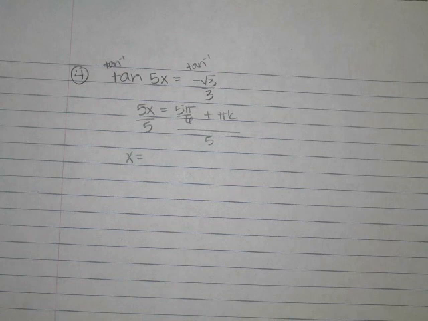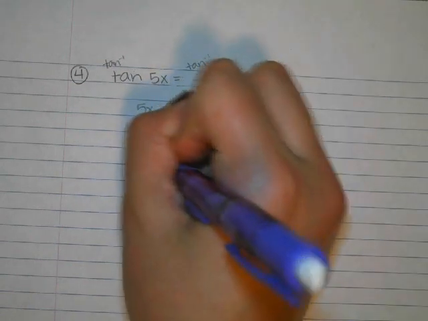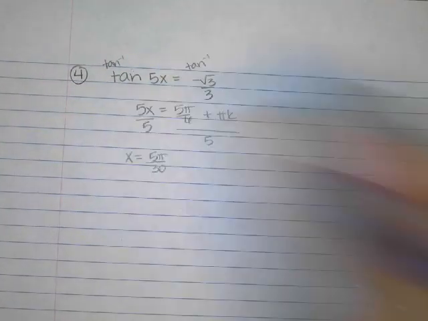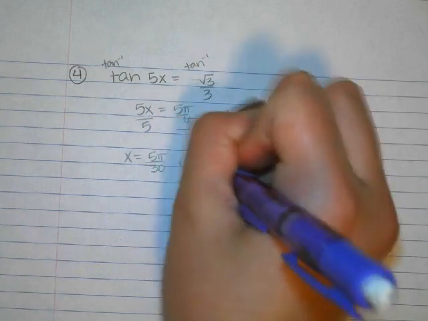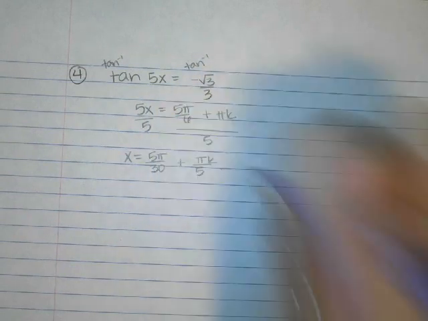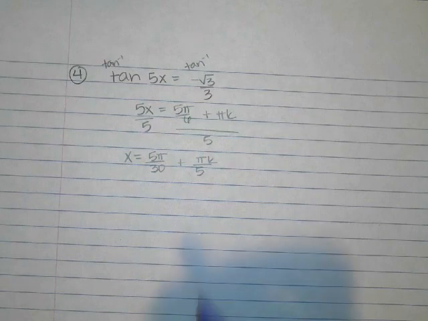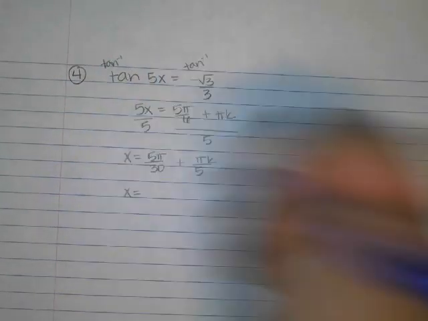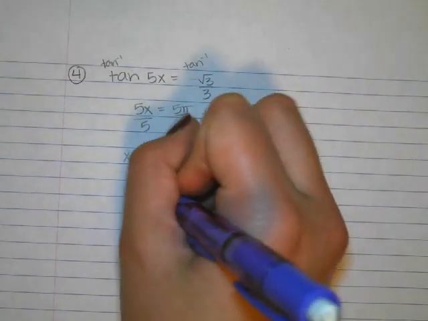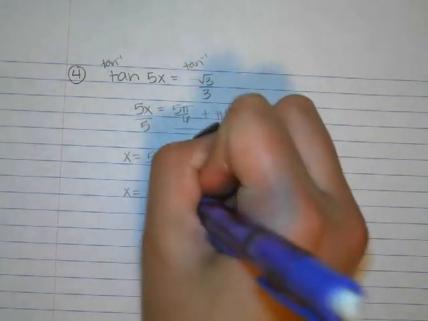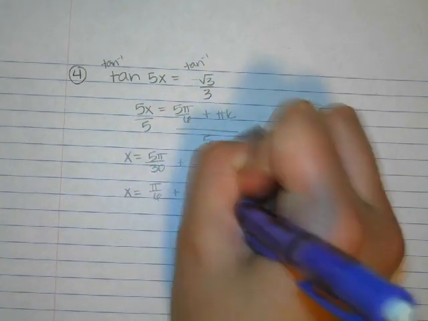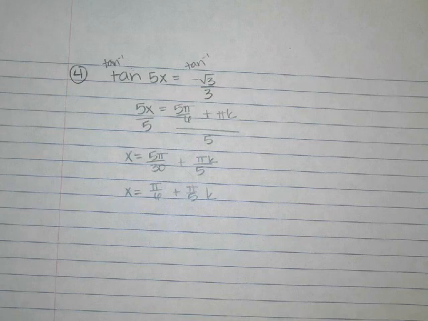I want to know what 1/5 of that is. So this would actually be 5 pi divided by 30 plus pi k over 5, so plus pi fifths. And we can simplify that. I can say, oh, 5 over 30 is actually 1/6, so that'd be pi 6 plus pi fifths k. That's my all solutions answer.